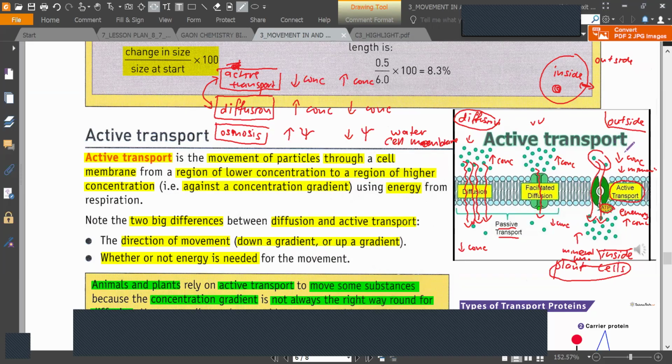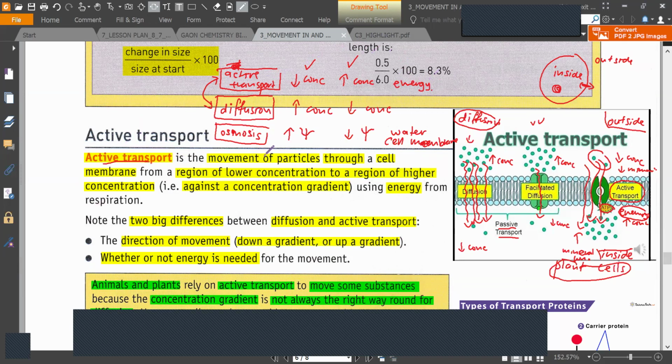Even if outside is low concentration, I still want to bring in this substance, but it cannot happen by itself, so I need to use energy to bring it in. Active transport is the opposite of diffusion and it requires energy. That is the key point.